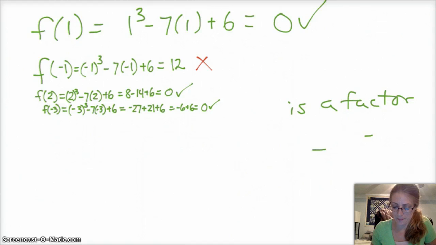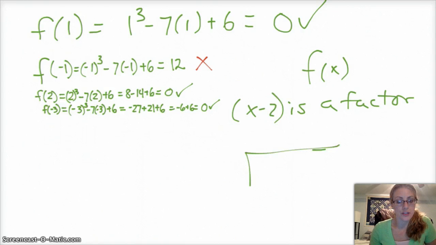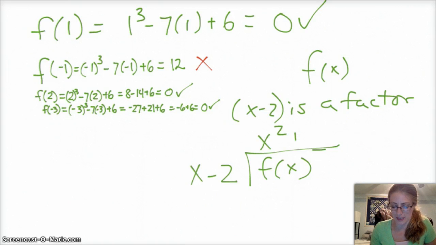If we start out with a polynomial f of x, and we know that x minus 2 is a factor, and we do division, and we take that function, whatever it is, and we divide it by x minus 2, and then we get some answer. Let's pretend we got x squared plus 3x plus 1.